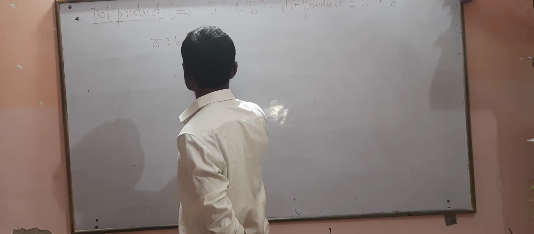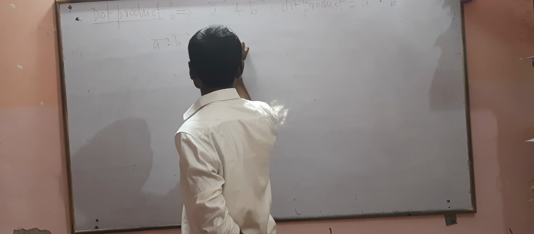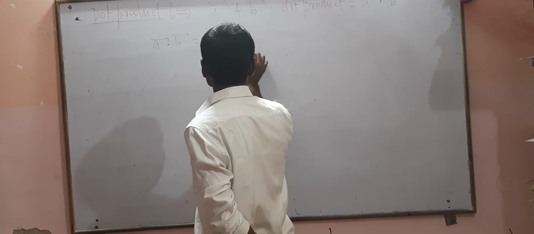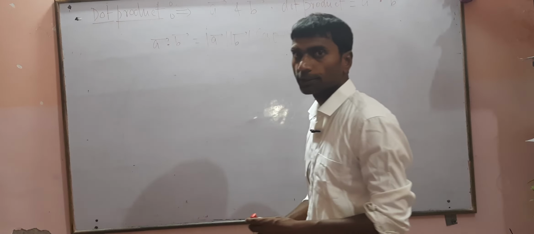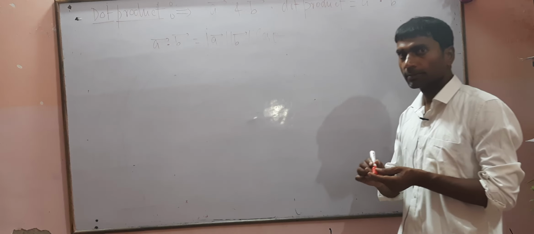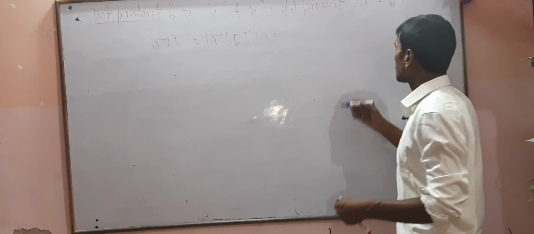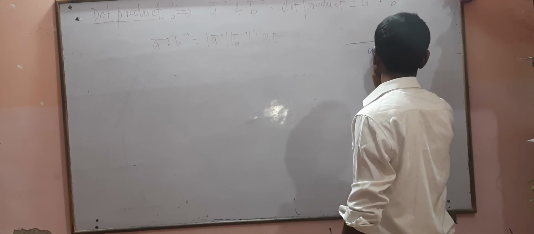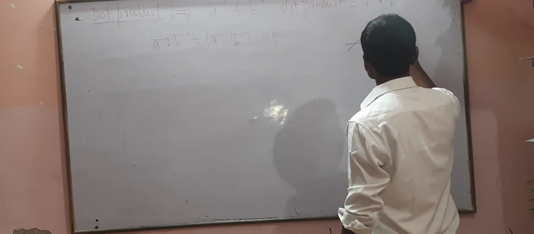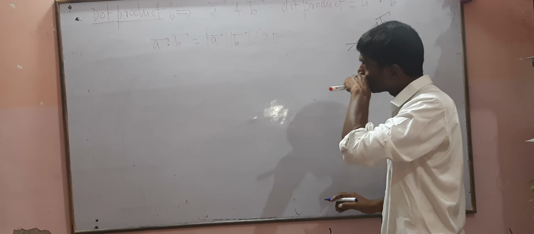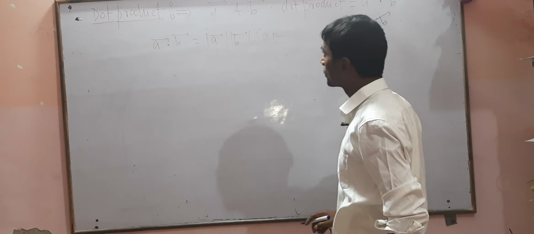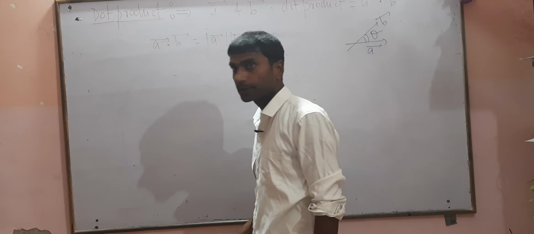We know that A dot B equals mod of A vector times mod of B vector times cos of theta, where theta is the angle between A and B. This is the A vector, this is the B vector, and this is the angle theta. So A dot B equals mod A mod B cos theta.